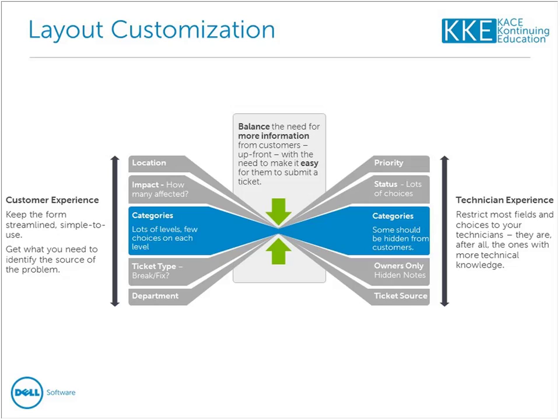Categories. Categories are probably the most important in the entire ticket form because they do two things. Number one, if they're properly filled out in the beginning, then the technician knows a lot about the problem before he even clicks on the ticket, okay? If they've got software, Microsoft, Office 2010, Word chosen as the categories and subcategories, you know a lot about that ticket.